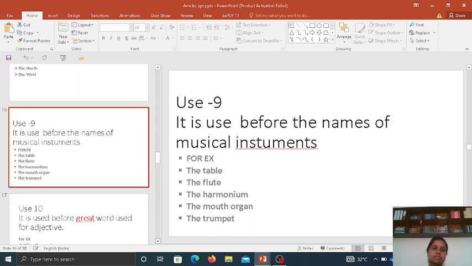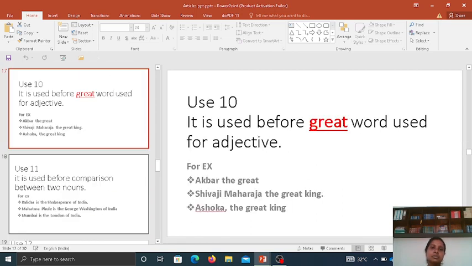In this way. And the next use of "the" is that it is used before the word "great" used as an adjective. When the word "great" comes as an adjective in the sentence, then you have to use the article in your sentence. Some examples are given here.